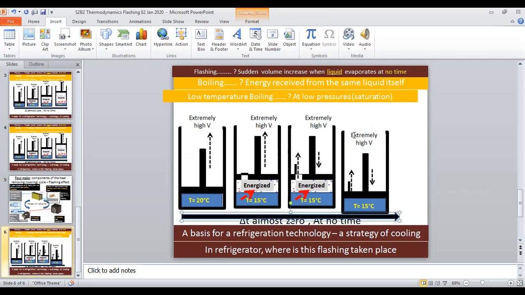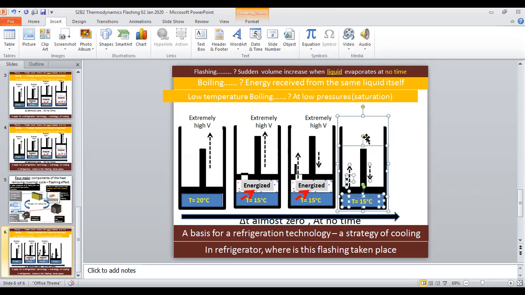Take this extremely high out. Gas escapes, and this will be 15, just the same.